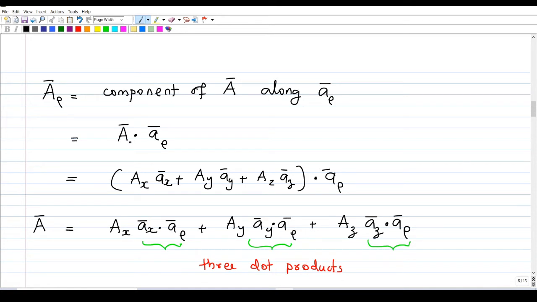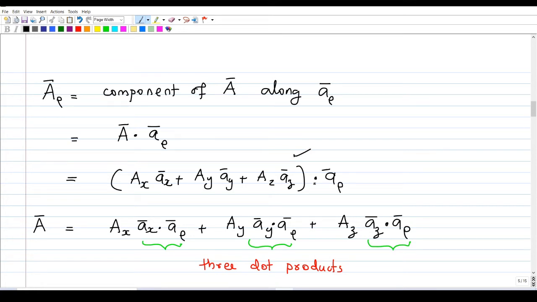So it will be obtained by taking the dot product of A vector with the unit vector in the direction of a rho, that is A dot a rho, and I have substituted the vector A with its representation in Cartesian coordinates, that is Ax ax plus Ay ay plus Az az.